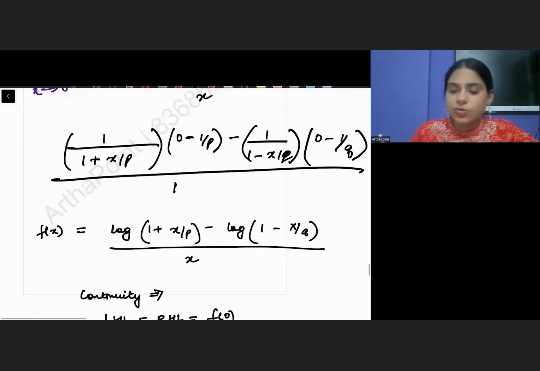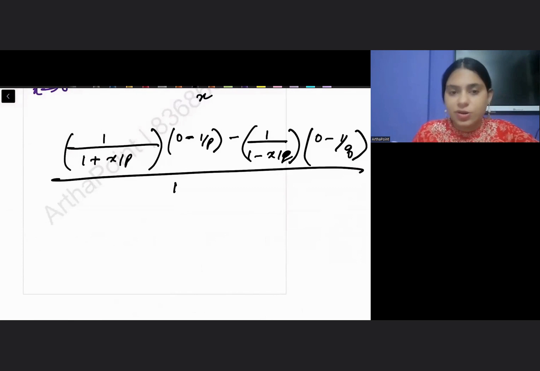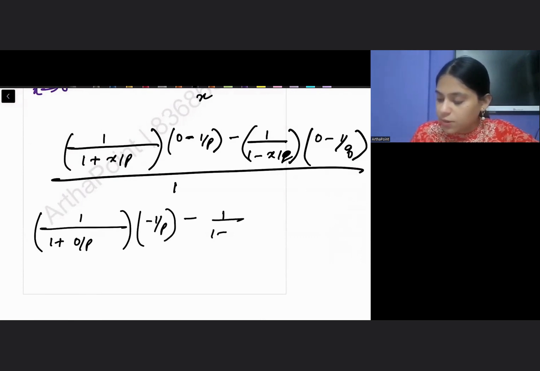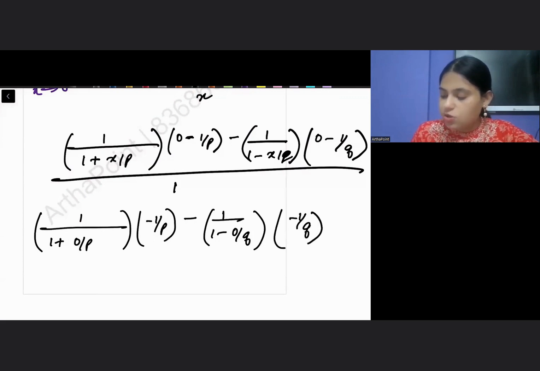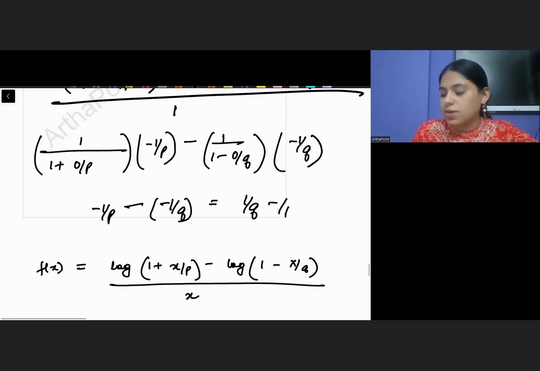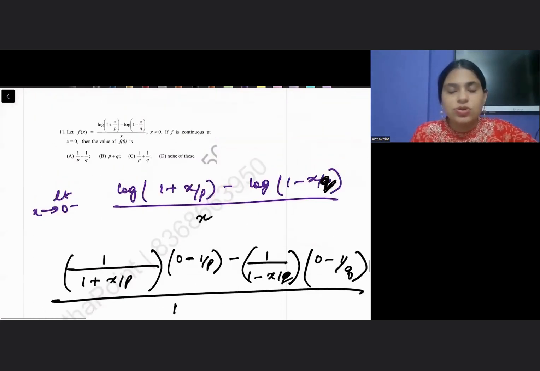And now I will put x as 0 everywhere. So 1 upon 1 plus 0 by p into 1 by p minus 1 upon 1 minus 0 by q into minus 1 by q. So this will give me 1 by p minus minus 1 by q, and that would be the answer to this question.